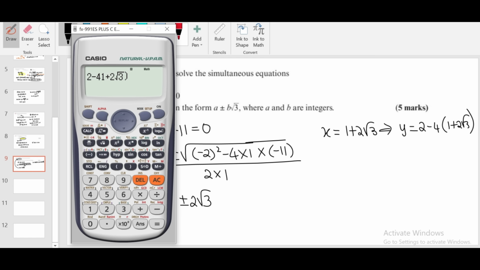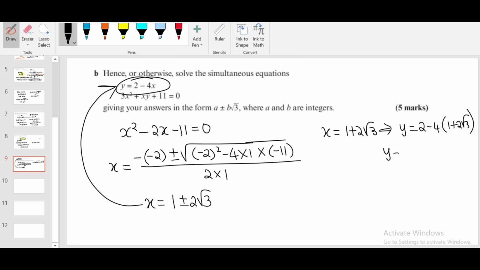Why? Because I did not put a bracket here. So y is equal to minus 2 minus 8 root 3. So you can write the solution when x is 1 plus 2 root 3, y is equal to minus 2 minus 8 root 3.